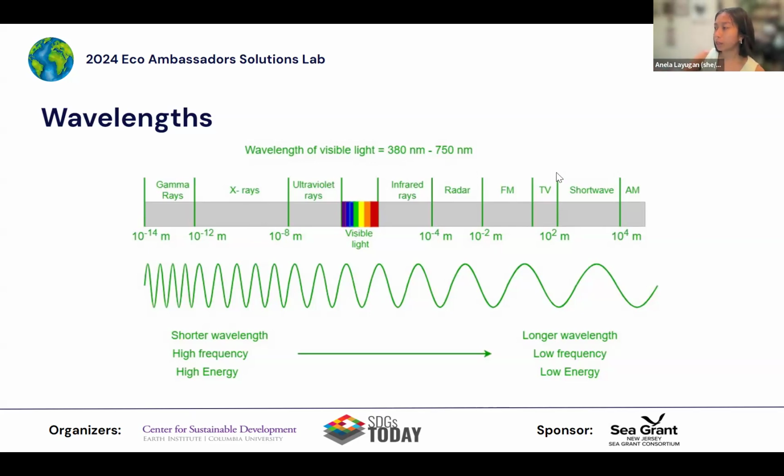And on longer wavelengths, there's infrared, radar, FM radio, TV, shortwave, and AM radio. These are the communications wavelengths that we use a lot. Radio stations are on different wavelengths, and you tune your radio to the wavelength it's on to get to the specific channel.